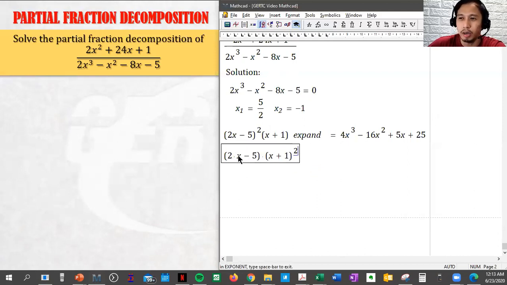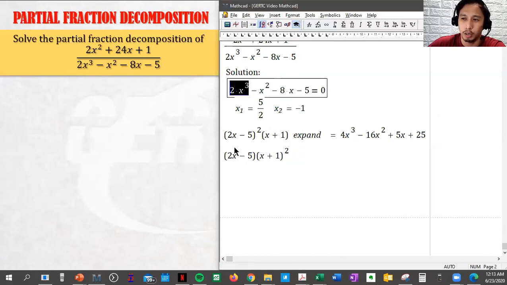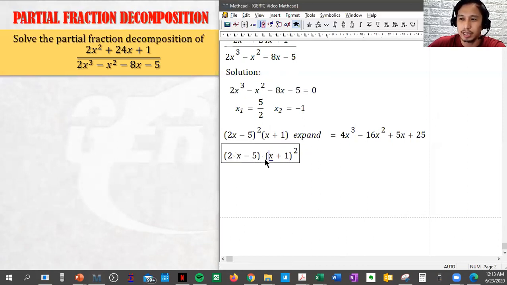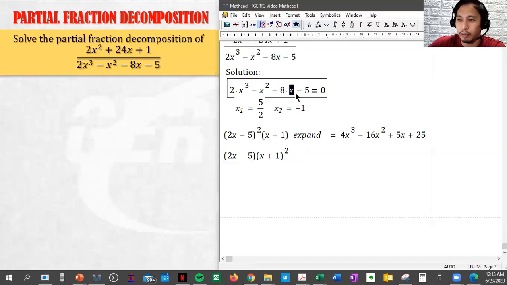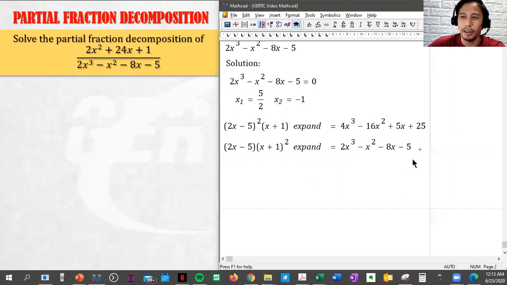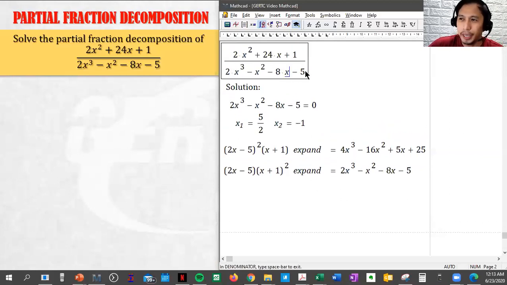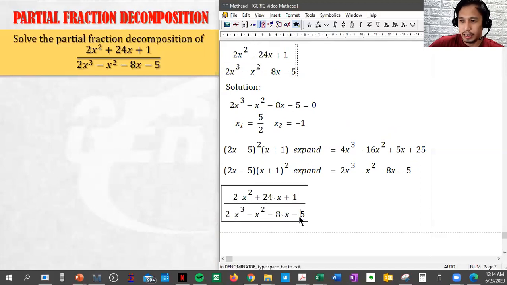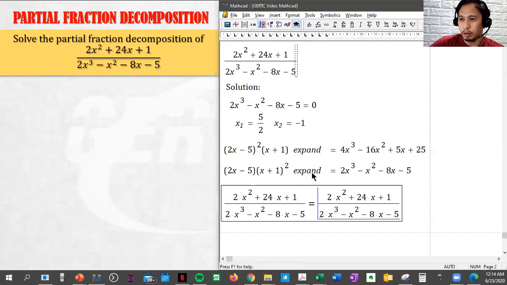No? In order for the first term to be 2x cubed, 2x times x times x. And also the constant, -5 times 1 times 1 is -5. Okay? Expanding this. Okay? So, ibig sabihin yan, this fraction, copy that dito, is equal to this.